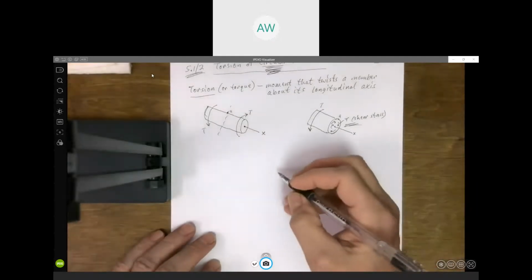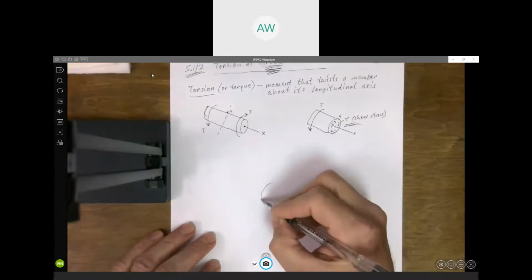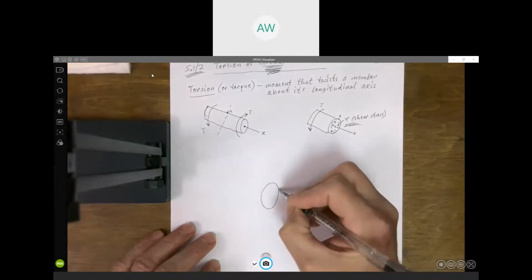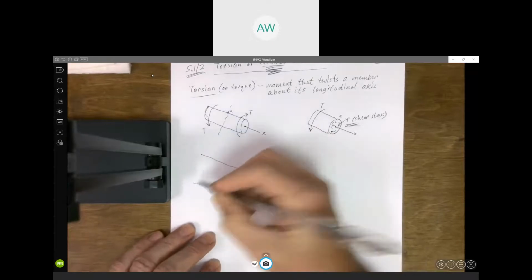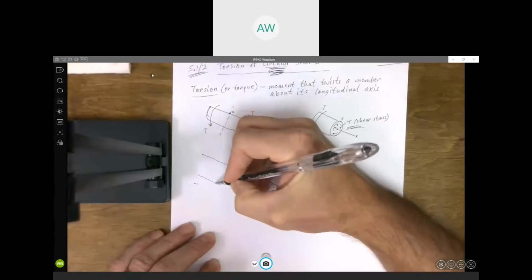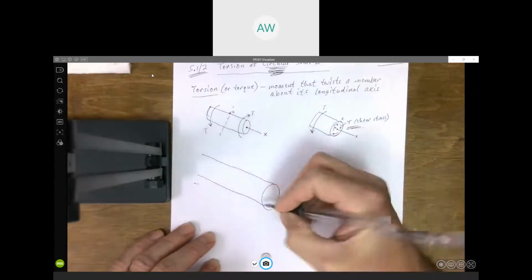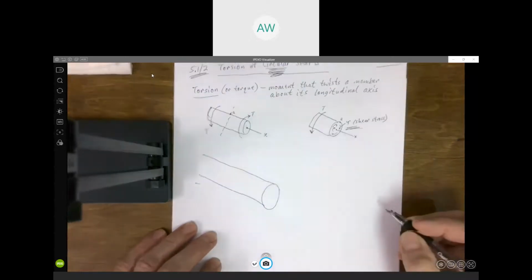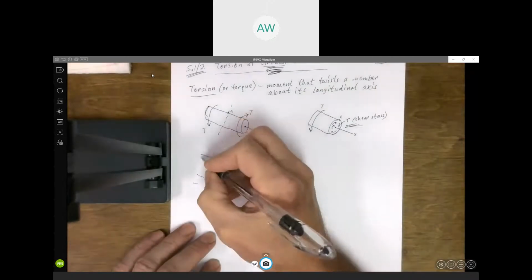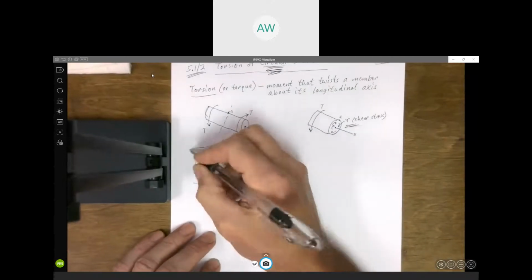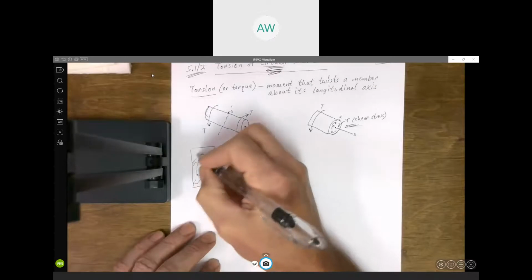All right, so let's say we got this big circular shaft here. Just draw a straight line. Yeah, that's not too good. Now, use your imagination. Pretend like that's circular. And let's say we got this end back here and it's fixed.